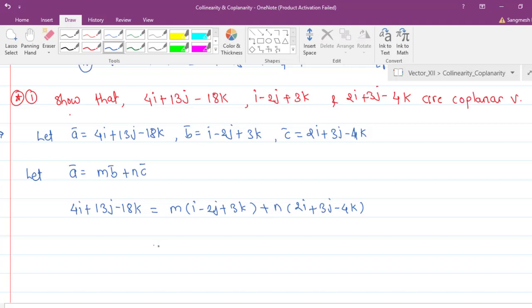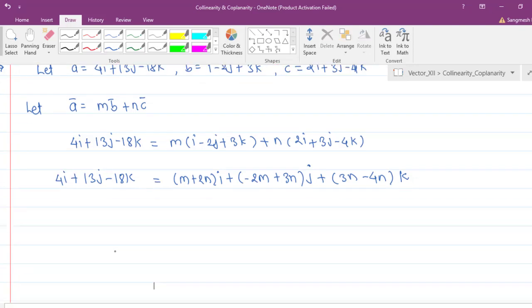Taking the coefficients of i, j, k here, I get (m plus 2n) i plus (minus 2m plus 3n) j plus (3m minus 4n) k, and this equals 4i plus 13j minus 18k. So we can equate the coefficients of i, j, k here.